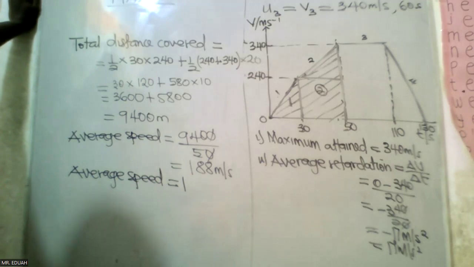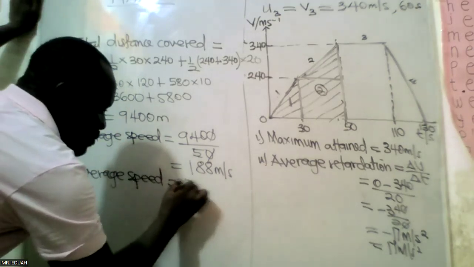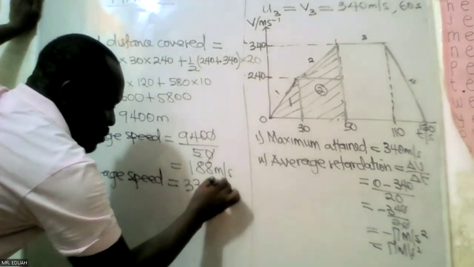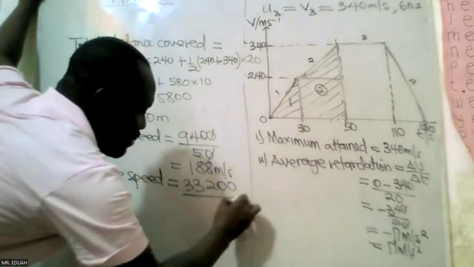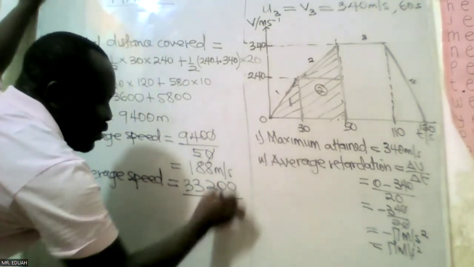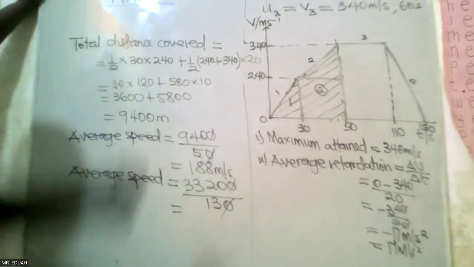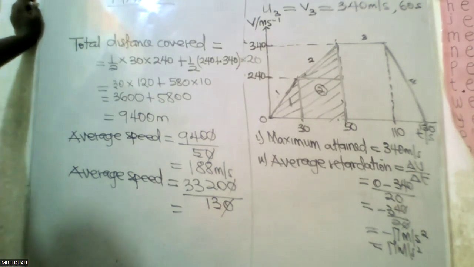We just calculated, those of you who recorded it. Yes, we got 33,200. Good. So this divided by a time period of 130 would give us the average speed during the whole time interval. Please, are we okay?